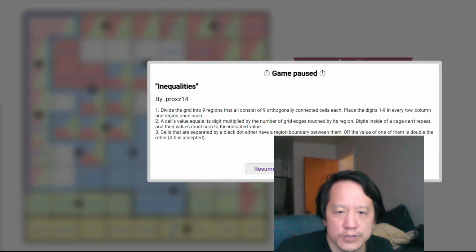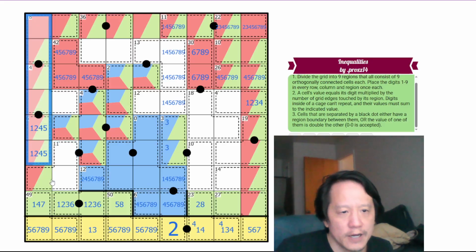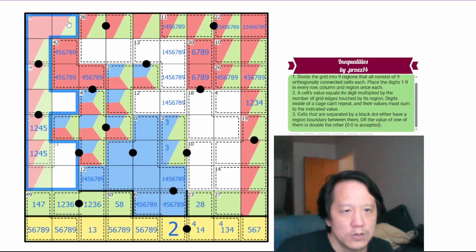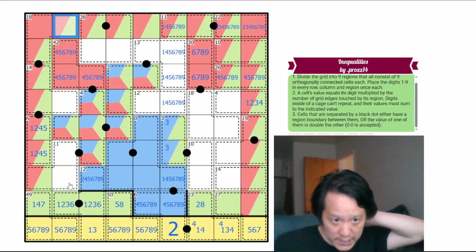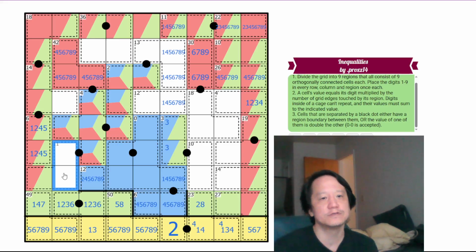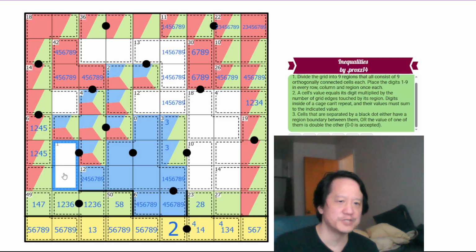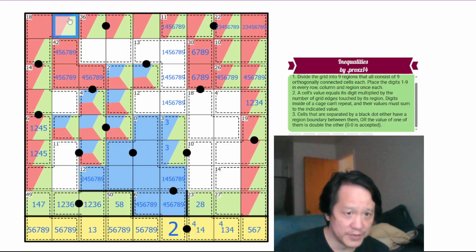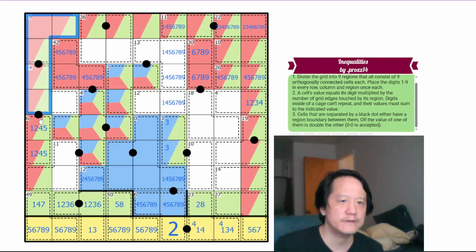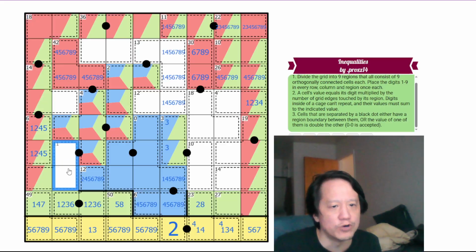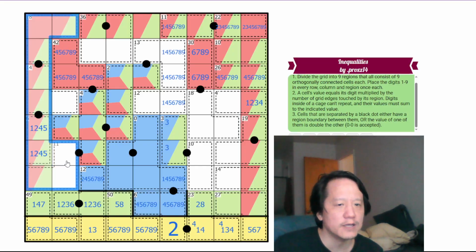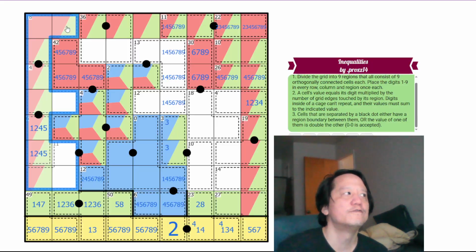Let's continue. So again, we had 49 here. This is guaranteed to be a single at least. This is guaranteed to be at least a single. So that's 2 plus 1 and 2 possibly in this cage that is part of the 49.